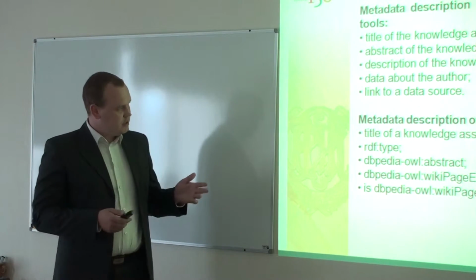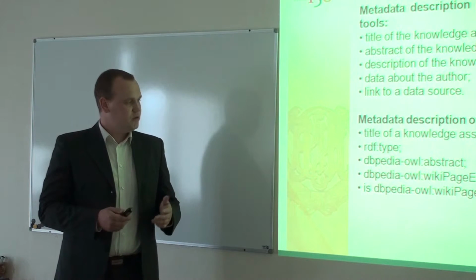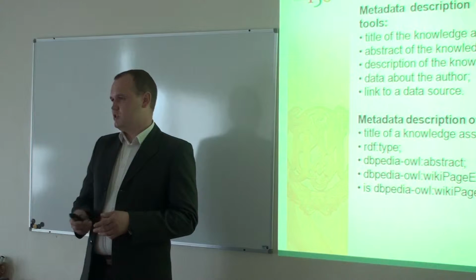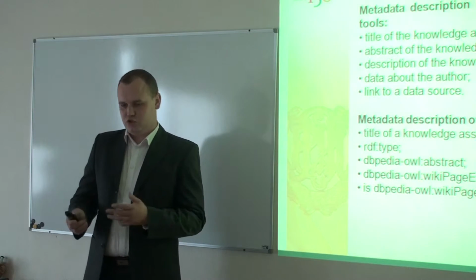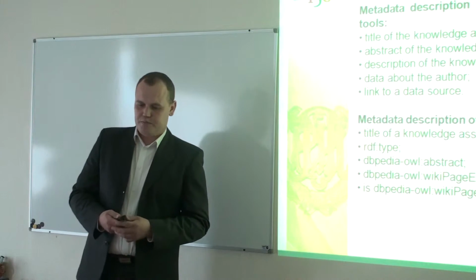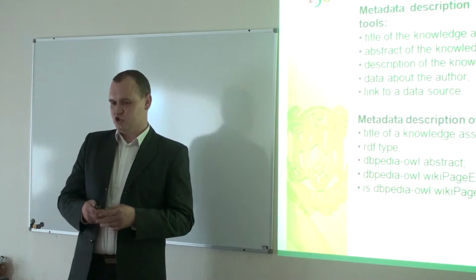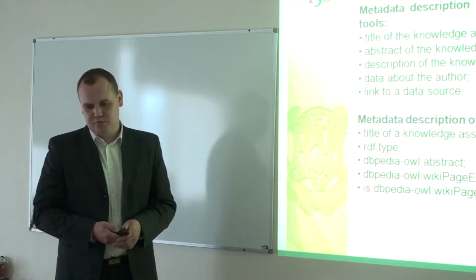And this metadata structure includes the title, type of the knowledge, abstract, link to external page, which is basically a link to the Wikipedia knowledge instance, which is tied together with the DBpedia. And page redirects, which is a synonymous of the knowledge asset described by this metadata.